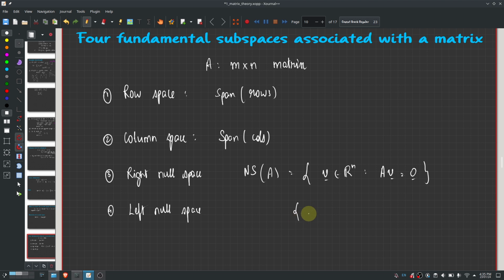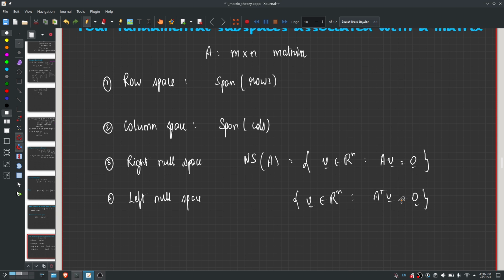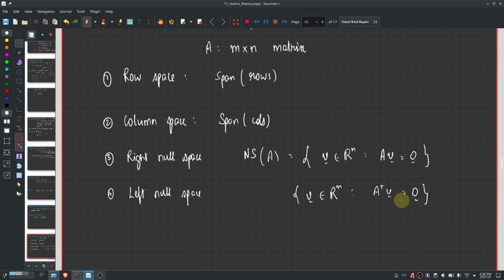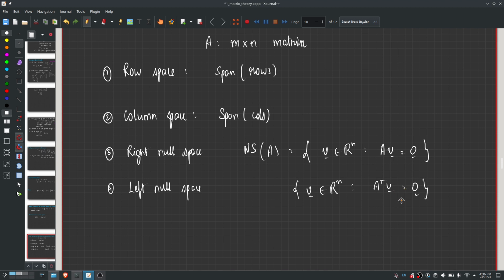Right, which is the set of all vectors v in R^m such that, let's say, A transpose v equals the 0 vector. Is there any relationship between the rank and the nullity?